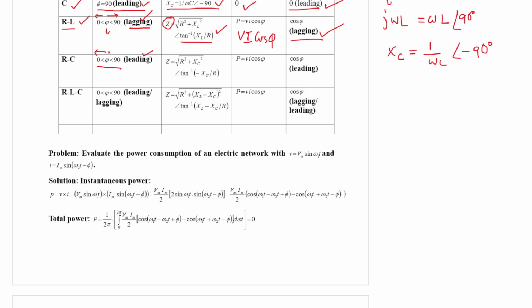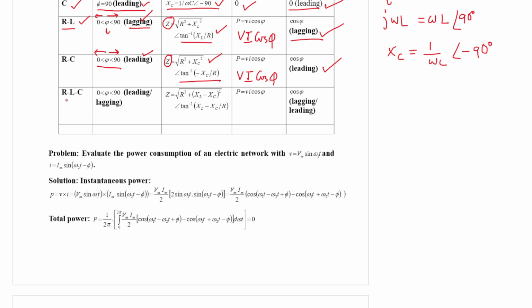If C is more, phi is most likely tilted towards 90 degrees. The impedance of a series RC circuit is the square root of R squared plus XC squared, with an angle of tan inverse of minus XC by R. Power consumption is also V into I cos phi, and power factor in this case is leading.